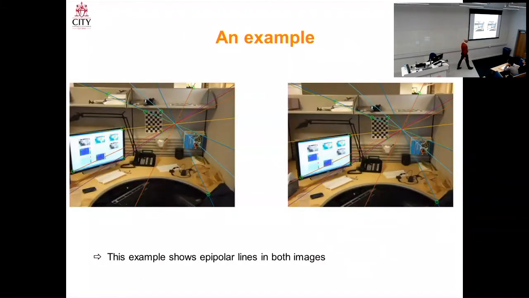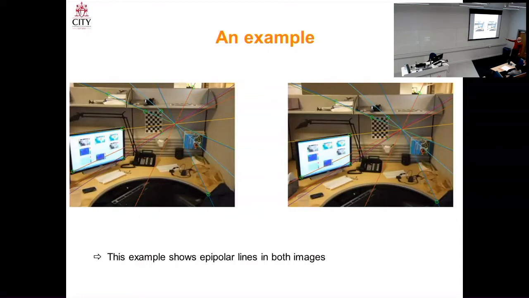Okay, so here's an example of doing epipolar geometry, and this is using the MATLAB toolbox. Basically, what you're seeing here is I might have a point, say this point on the corner of this monitor. What I can do is use the epipolar geometry and figure out what line it's on in the other image.